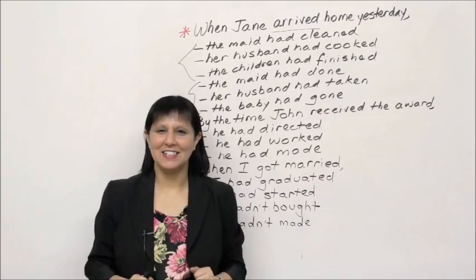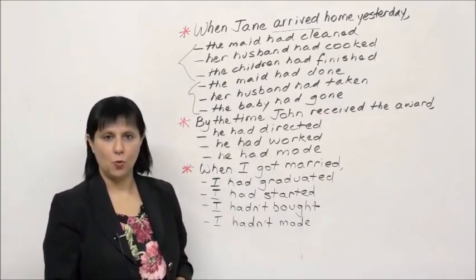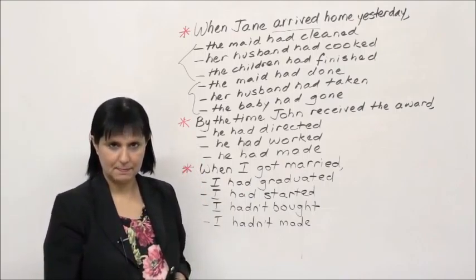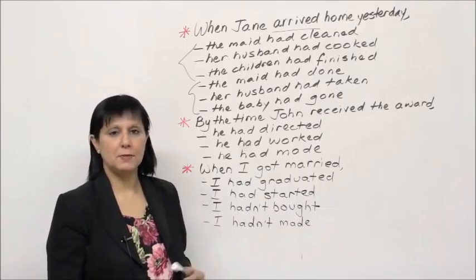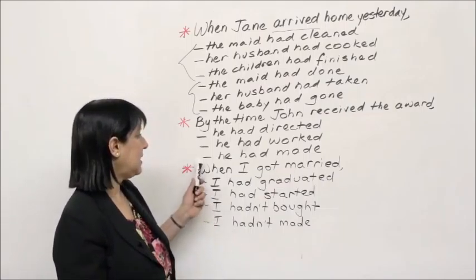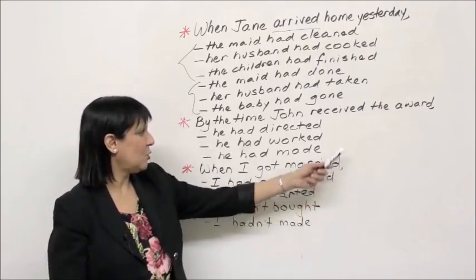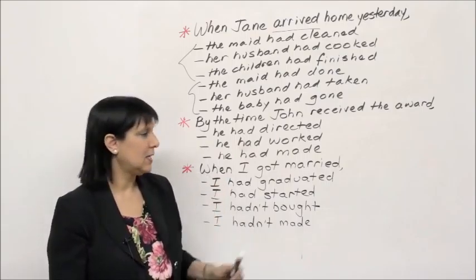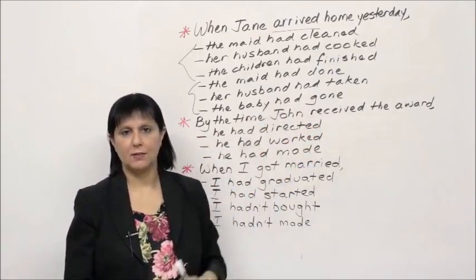Okay? Let's look at another example. By the time John received the award, he had directed several movies. He had worked with many famous actors, and he had made a lot of money. Okay? So all these three things we talked about happened before John received the award.